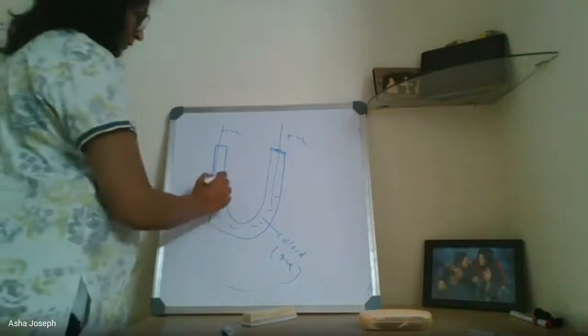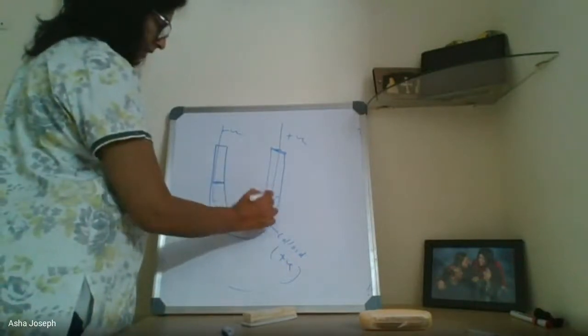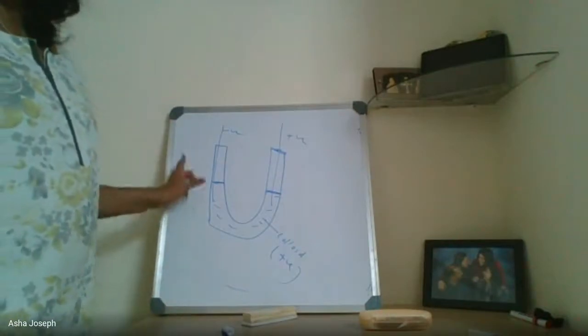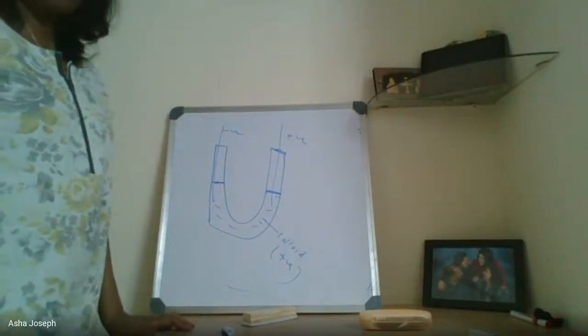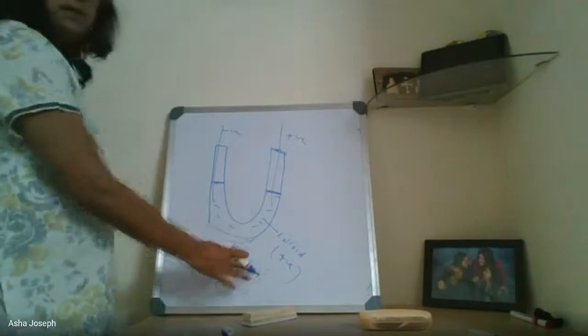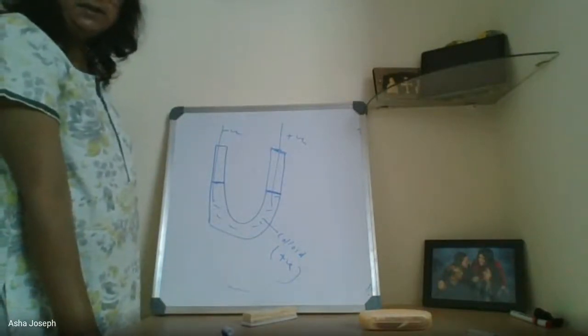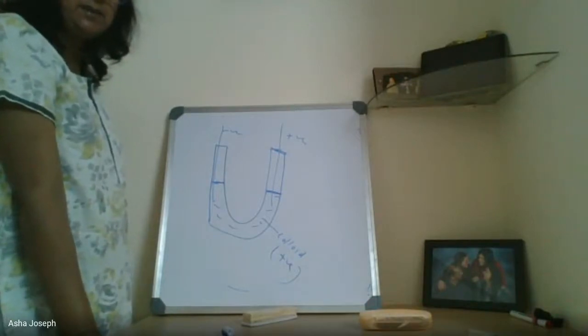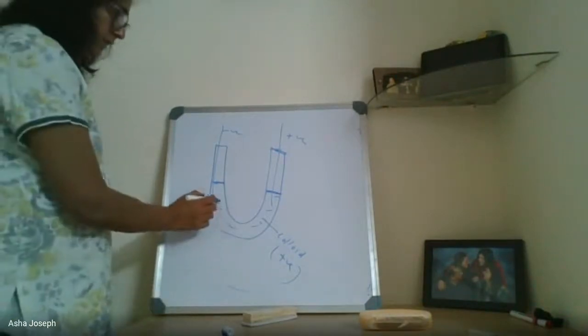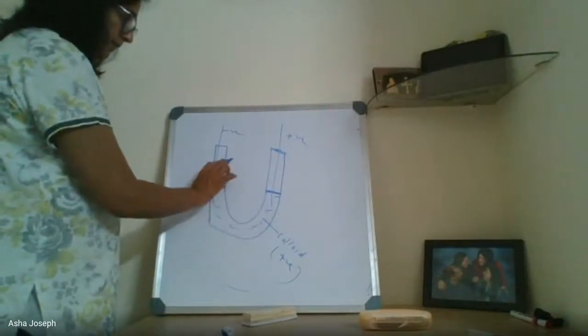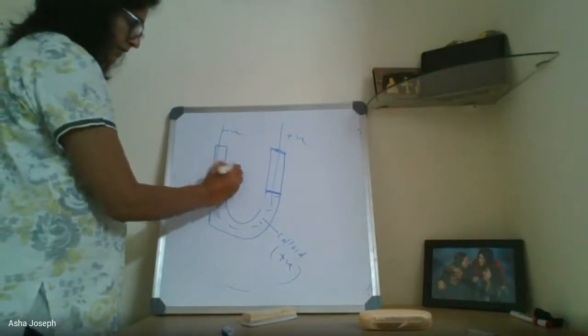Before applying the electric potential, suppose this is the initial level, and the colloid is positive. When I apply an electric potential, the positively charged colloidal particles will move towards the negative electrode and the level will come like this.